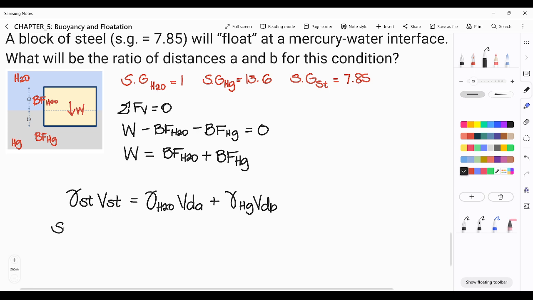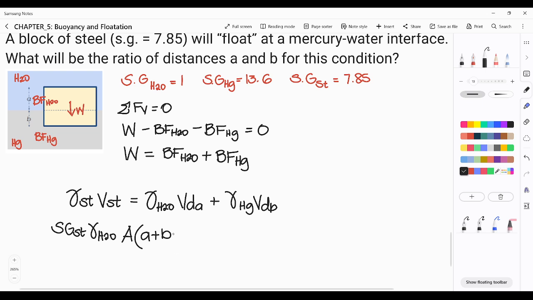So, the SG of steel times the gamma of H2O times the volume. What is the volume of our block? It's simply area times the total draft, so we need the area of the block times A plus B. Bakit?